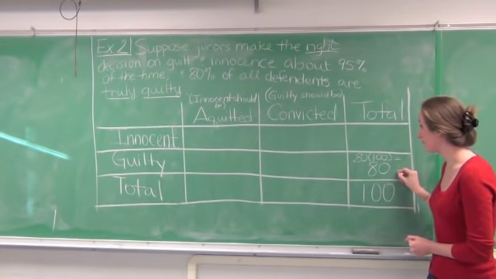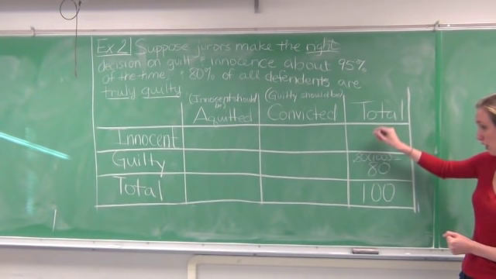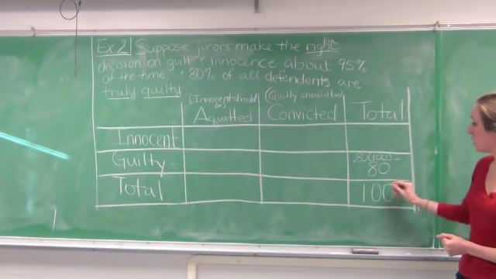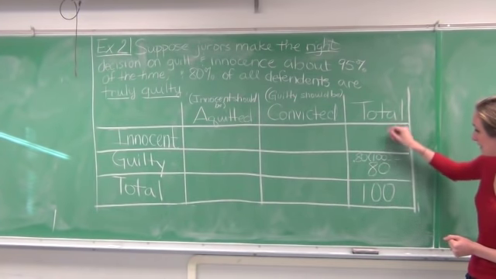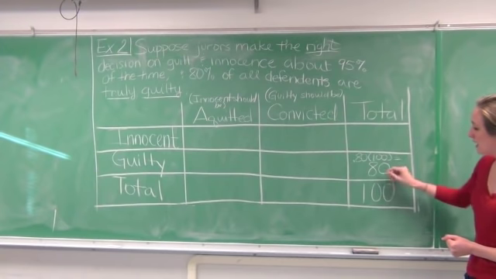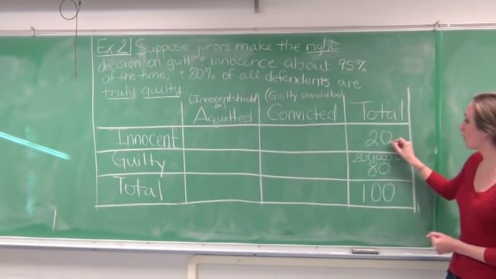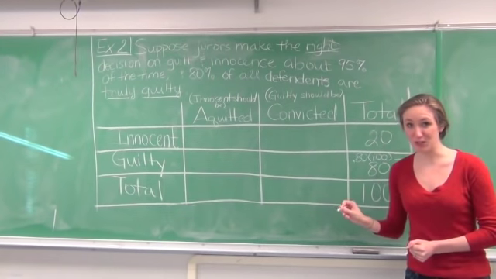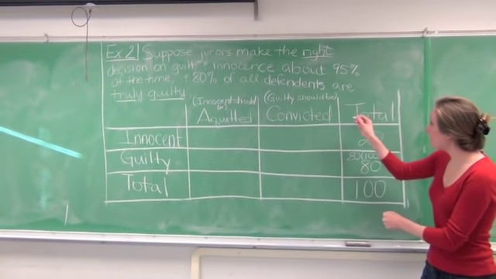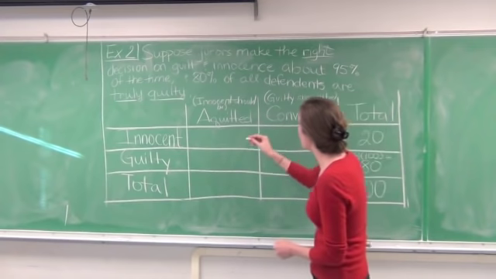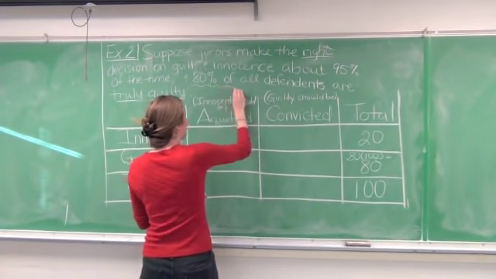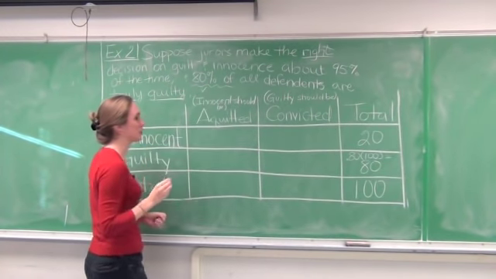They are guilty. Which leaves, since these two have to total up to 100, 100 minus that 80, which leaves 20 individuals who are completely innocent and being falsely accused. So we've accomplished the goal with this second fact, the 80%.